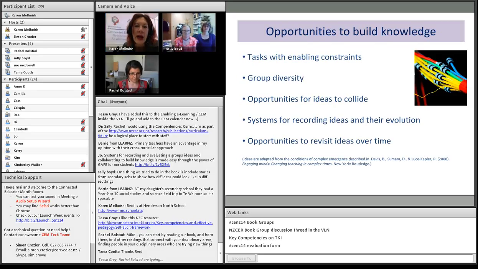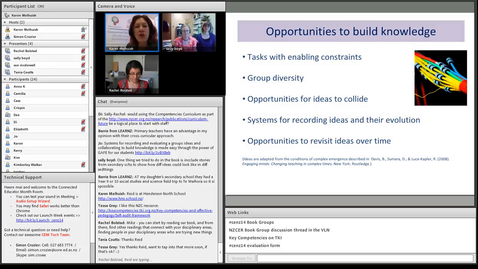Great. It's really exciting hearing about the ideas in the book, and also balancing it with stories of practice, because there isn't a right answer or a model that we can just pick up and plonk into a classroom and say, hey, we're doing the key competencies, or hey, I'm doing future-focused learning today. It's an evolving approach to pedagogy and curriculum design, and I really like that.